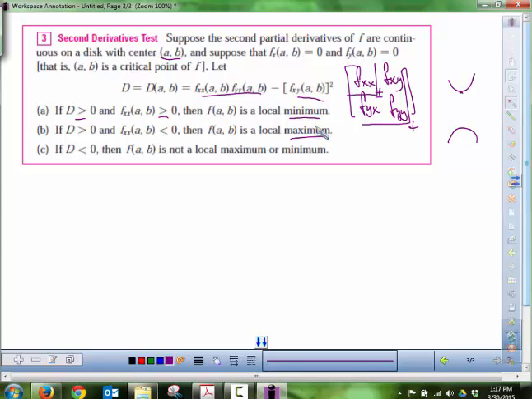Now, if your determinant is negative, that's a totally different story. It turns out that if your determinant is in fact negative, then you have something that's neither a max or a min. And I don't know why they bothered saying not a local max or a min. You actually get something more definite here. It's a saddle point.